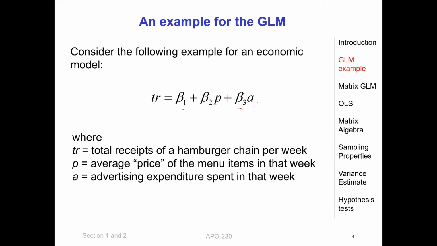And the second variable is A, advertising expenditure spent in that week. So we're interested in knowing how effective our advertising activity and pricing activity is in terms of increasing the total receipts. So that's a very simple setup over here.